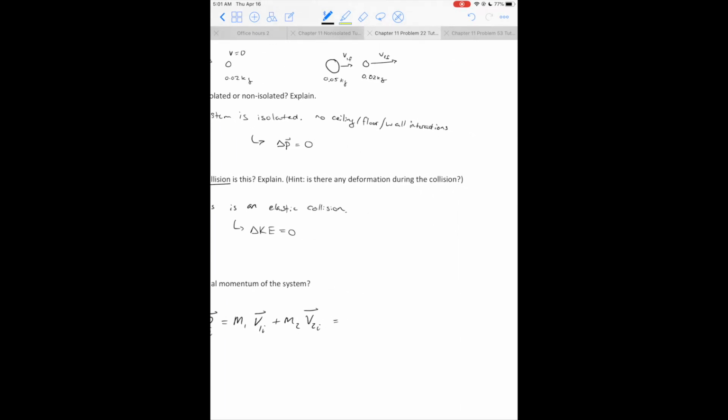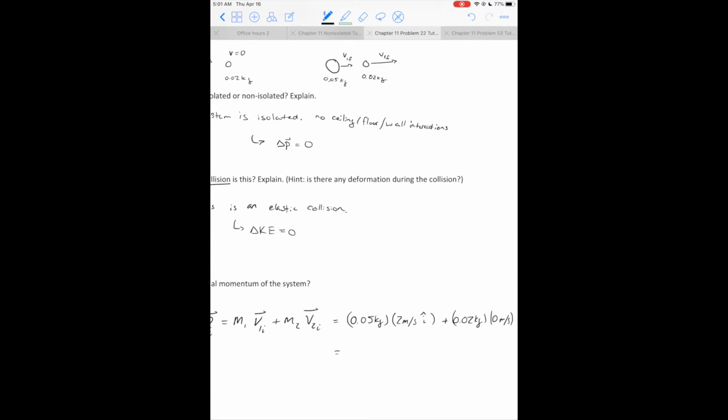So what I'm really getting here is 0.05 kilograms times 2 meters per second in the I hat direction. That's going to be our default direction for a lot of things, plus 0.02 kilograms just to make the point, 0 meters per second.